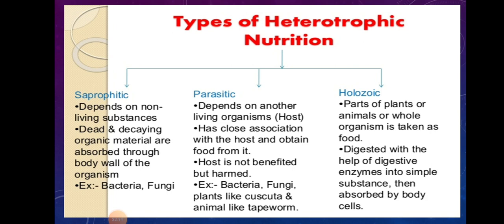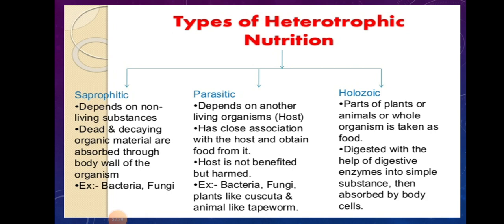The digestive system is not so well developed that there would be organelles for performing this process, but rather digestion takes place outside the body, and once the food has been digested outside the body, it is converted into a semi-solid or liquid lump. Now this liquid is sucked through the body wall of these saprophytes. So this is how saprophytic nutrition occurs. Examples are bacteria and fungi.